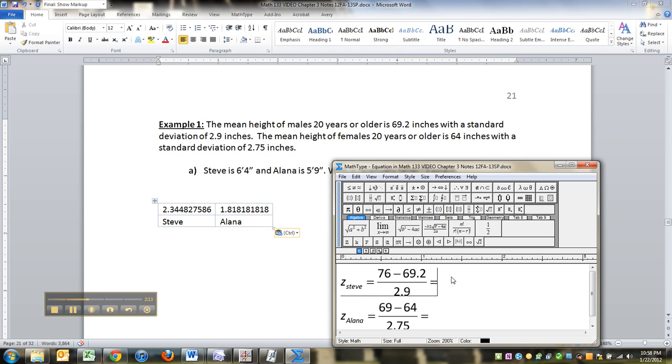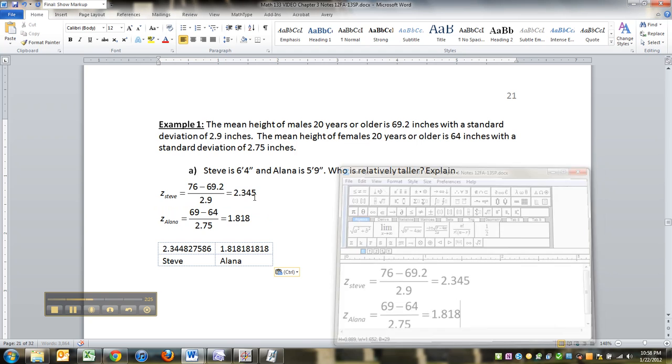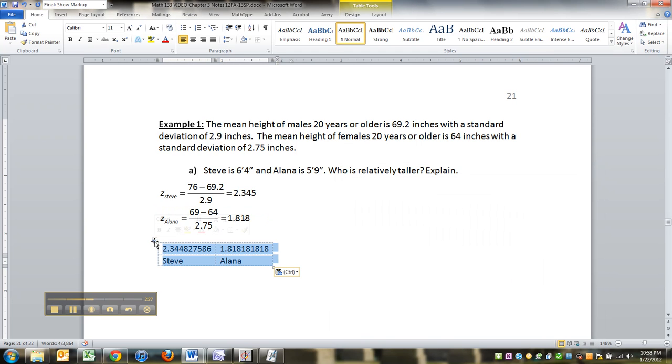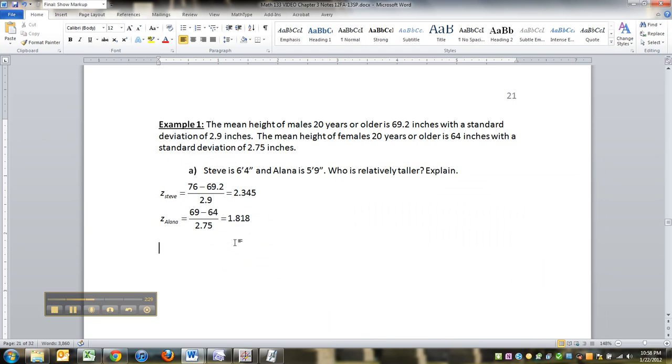Let me bring back that. So this one was 2.344, or 2.345, I should say. And this one is 1.818. Fabulous. All right, so who is relatively taller? Well, there's no question. Steve is not only absolutely taller, right?